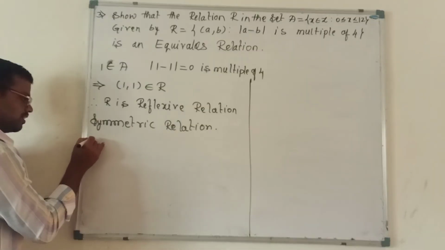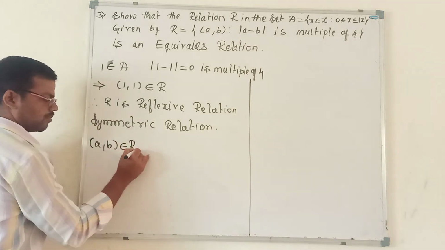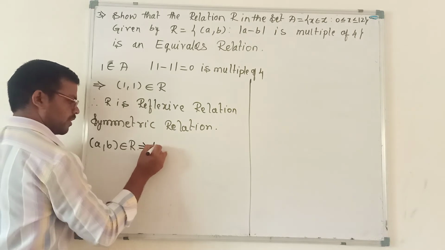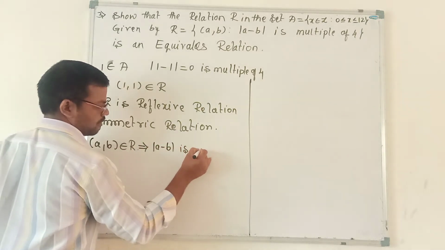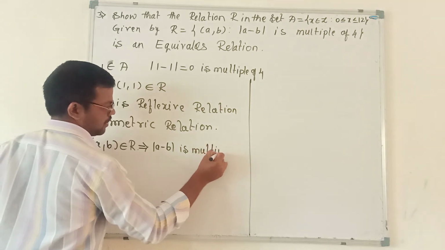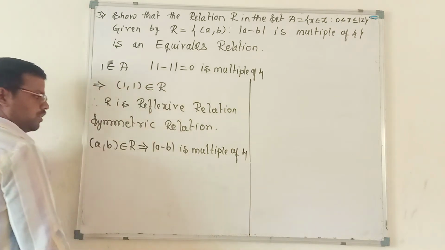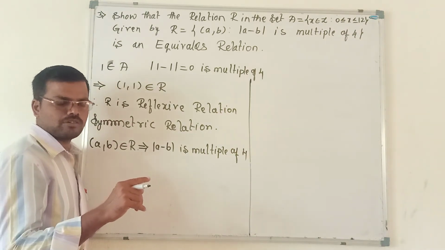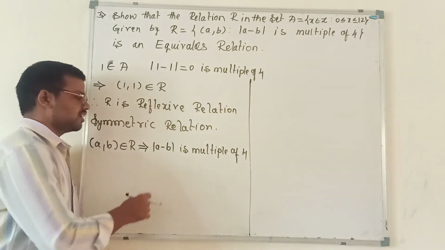Let me consider the pair A comma B belongs to R. If A comma B belongs to R, it implies that mod A minus B is a multiple of 4. So we know that minus 4 is also a multiple of 4, or plus 4 is also a multiple of 4. But here mod is there.